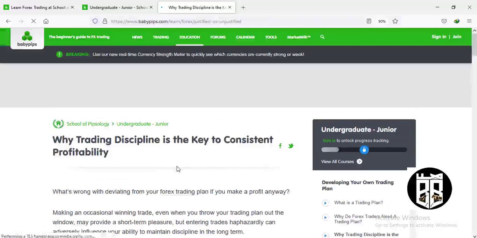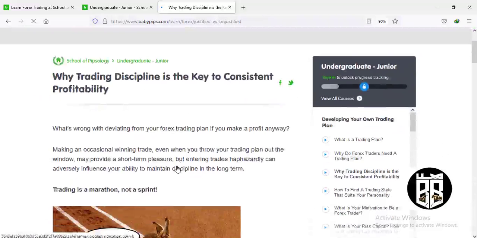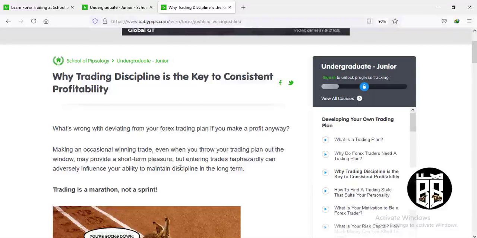So here we are on why trading discipline is a key to consistent profitability. What is going to go wrong if you deviate from your forex trading plan? What is going to go wrong? Even if you make money anyway, is anything wrong in that? I'm making money, I don't stick to my forex trading plan, but I'm still making money anyway.